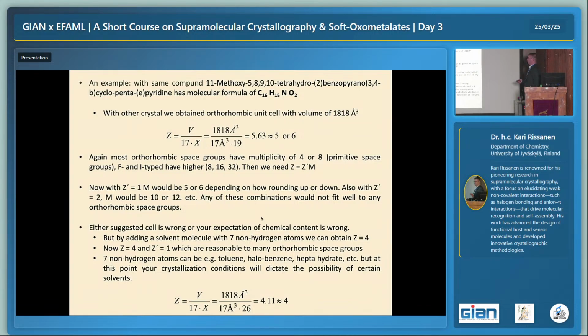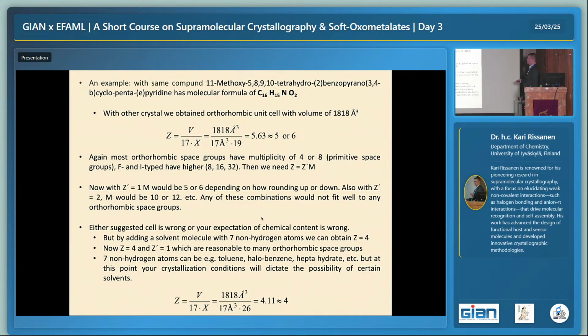So the most common orthorhombic space groups have, as we spoke already, 4 or 8, and then the other ones. Now we need to look at Z times M. When we have a Z, we put one for Z prime, how many molecules we have in the asymmetric unit, and it would be 5 or 6, however we round it.